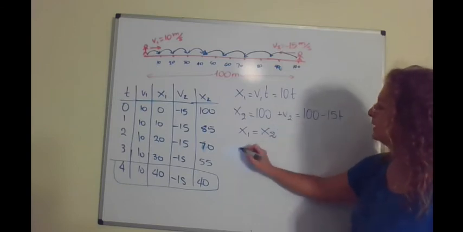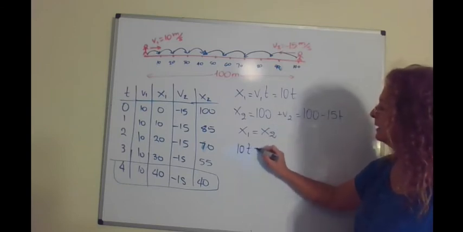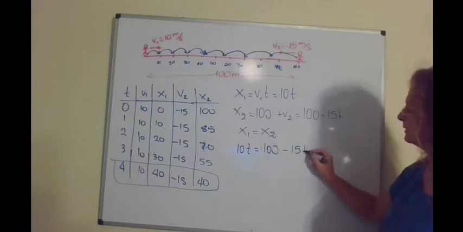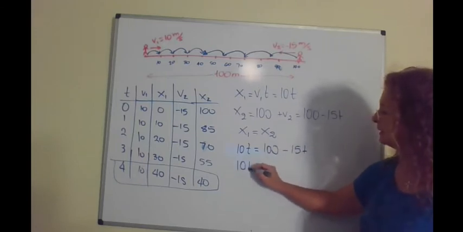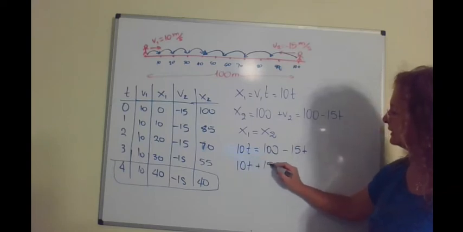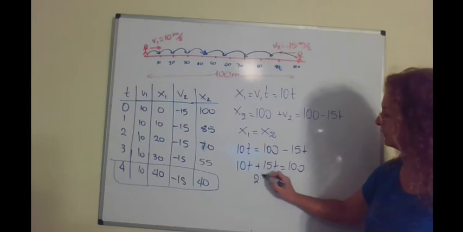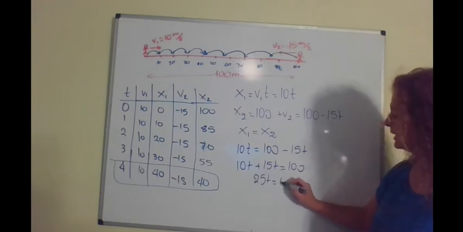So for x1, I have 10t equals 100 minus 15t. So 10t plus 15t equals 100. 25t equals 100.